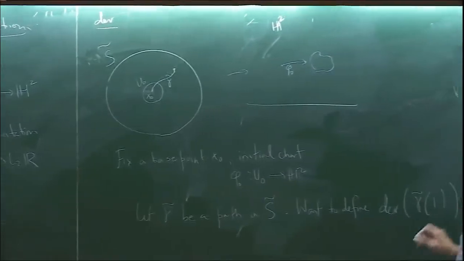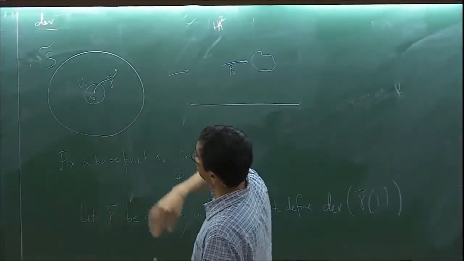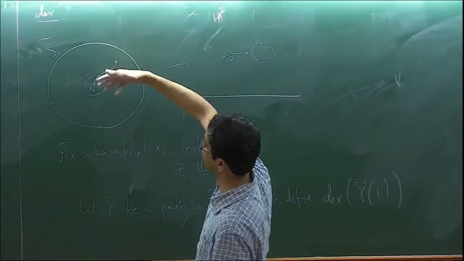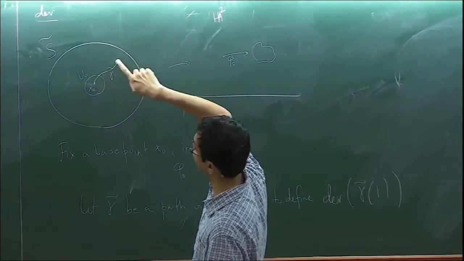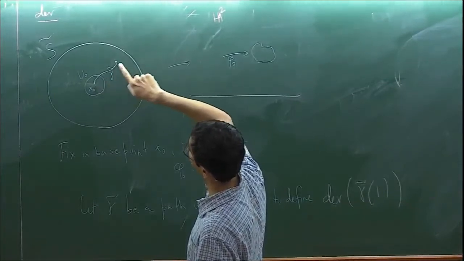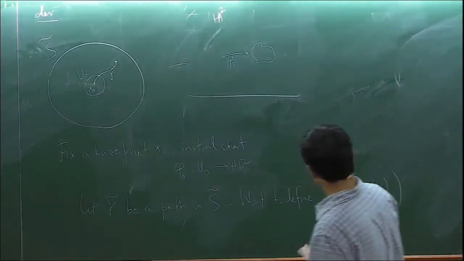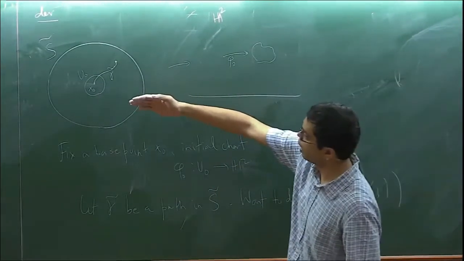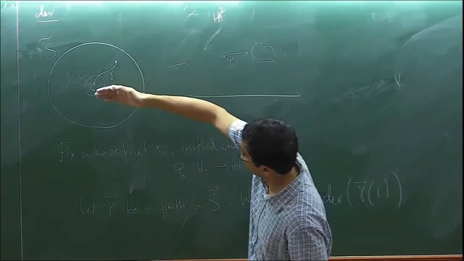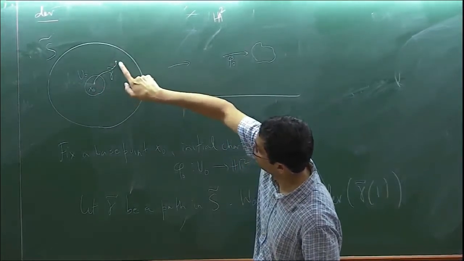So remember that the points in the universal cover you can think of as homotopy classes of paths. So there's a unique homotopy class of a path from x0 to that point. So you want to be able to analytically continue this developing map along this arc, so you can define it at the endpoint.